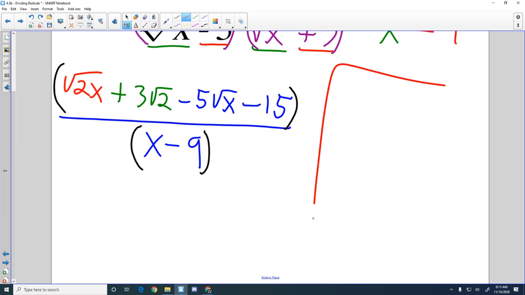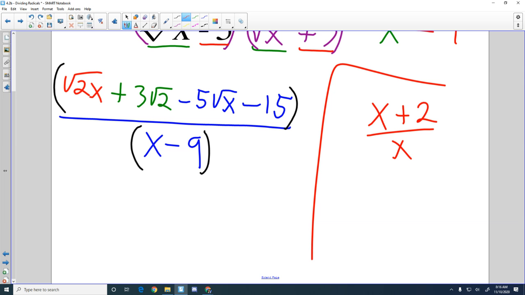Just like as a separate example, if I had something as simple as x plus 2 divided by x, we actually couldn't cancel the x's out because I would have to take whatever number x is and add 2 first and then divide it by that x in the bottom. So it's the same kind of concept here. You can't cancel out part of a polynomial.